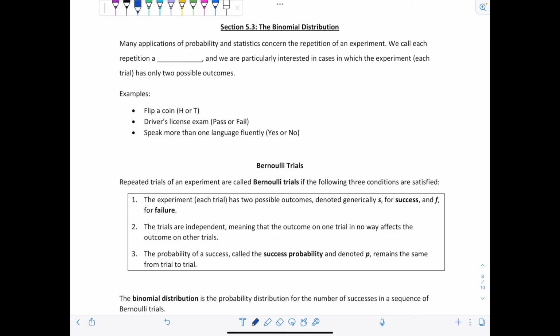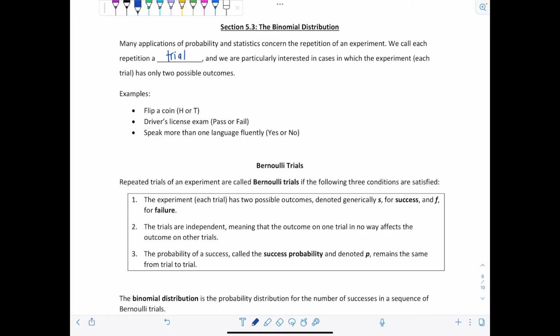Now, many applications of probability and statistics concern the repetition of an experiment, and we call each repetition a trial. We're particularly interested in cases in which the experiment or each trial has only two possible outcomes.